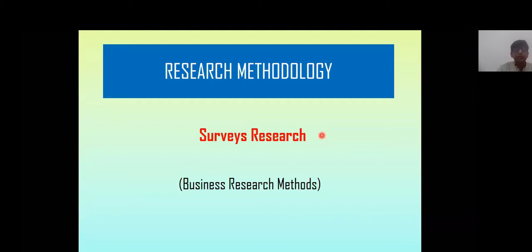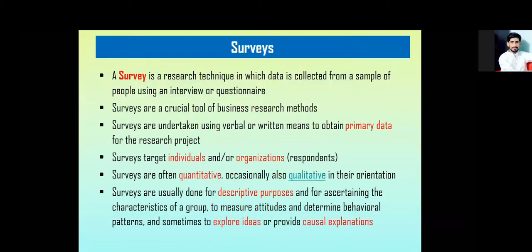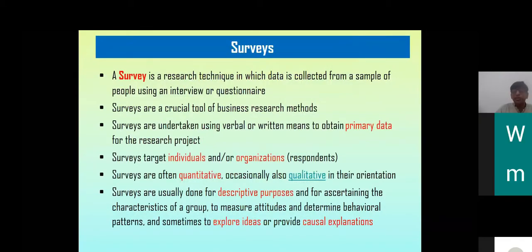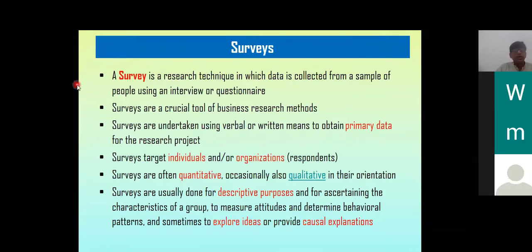Let's discuss this one. So now I think it is clear in your mind what a survey is. A survey is basically a research technique in which the data is collected from a sample of people using an interview or a questionnaire. So two things are here: you are collecting the data from a respondent in the sample through the interview or through the questionnaire.